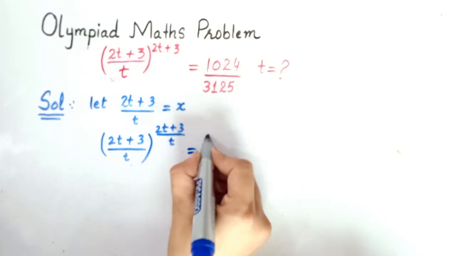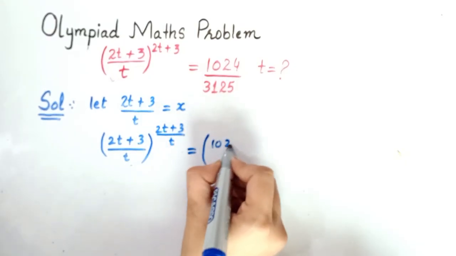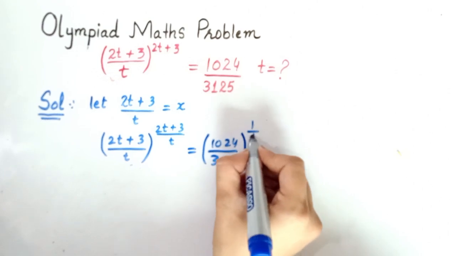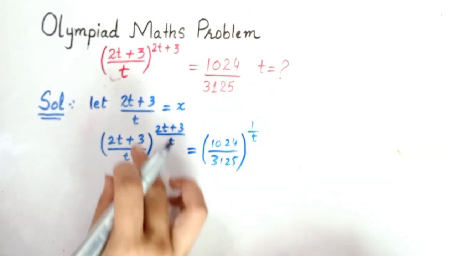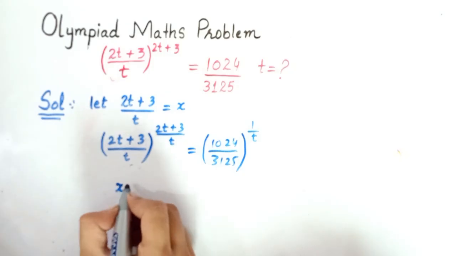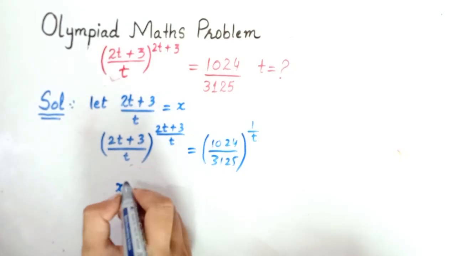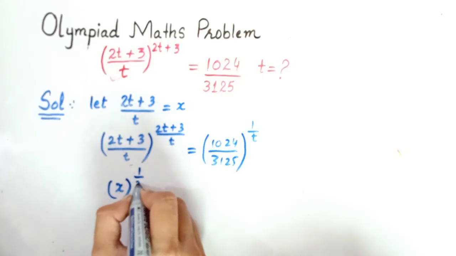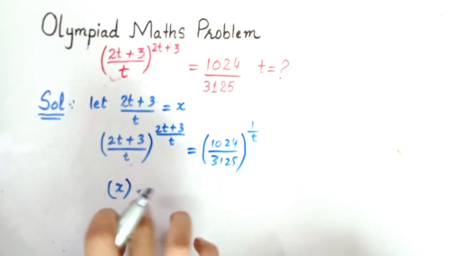This side is also divided by t, and 1024/3125 and its whole power is also 1 by t. Now this and this are the same, so this is x, and its power is also 1 by x.